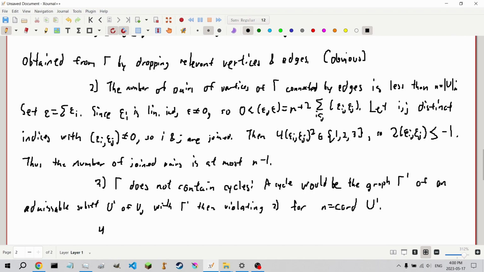Part number 4. Each vertex has at most 3 edges that connect to it.